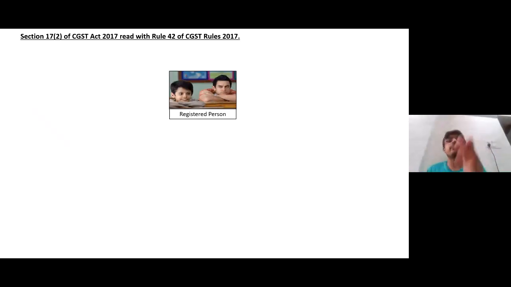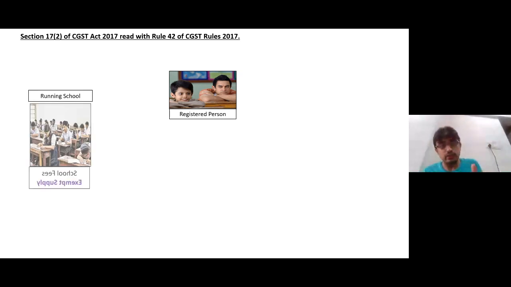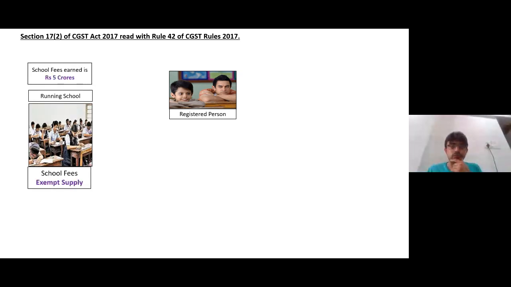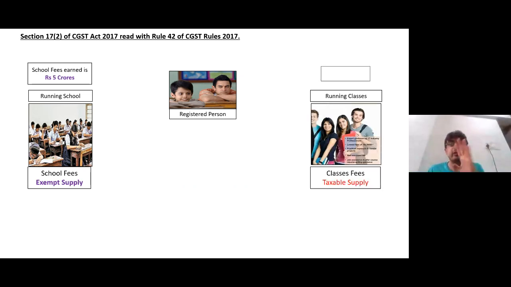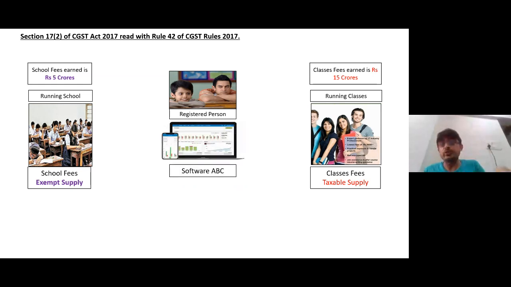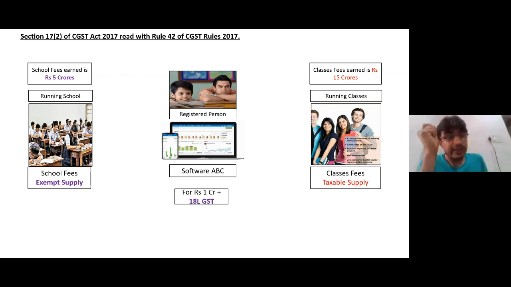Now comes the main point, rule 42. Again, same thing. Running school, exempt income 5 crore, running classes, taxable income 15 crore. If possible, try to give answer, everyone, on chat. If not, then obviously I'm there to explain. Now, Mr. Amir purchased software for 1 crore plus GST paid of 18 lakh rupees.